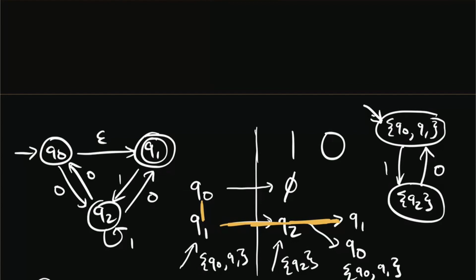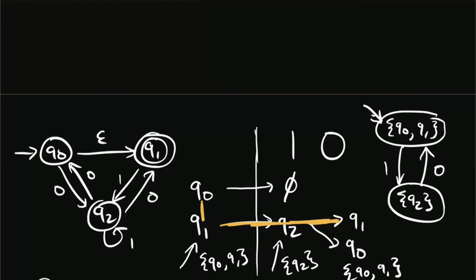Well, where would Q0, Q1 go? So from Q0 only, just ignore the epsilon transition, just Q0, where can I go on input 0? Just go to Q2. So I'm going to maintain a list of what we can reach so far. So we can reach Q2, that's fine. From Q1, where can I reach from input 0?